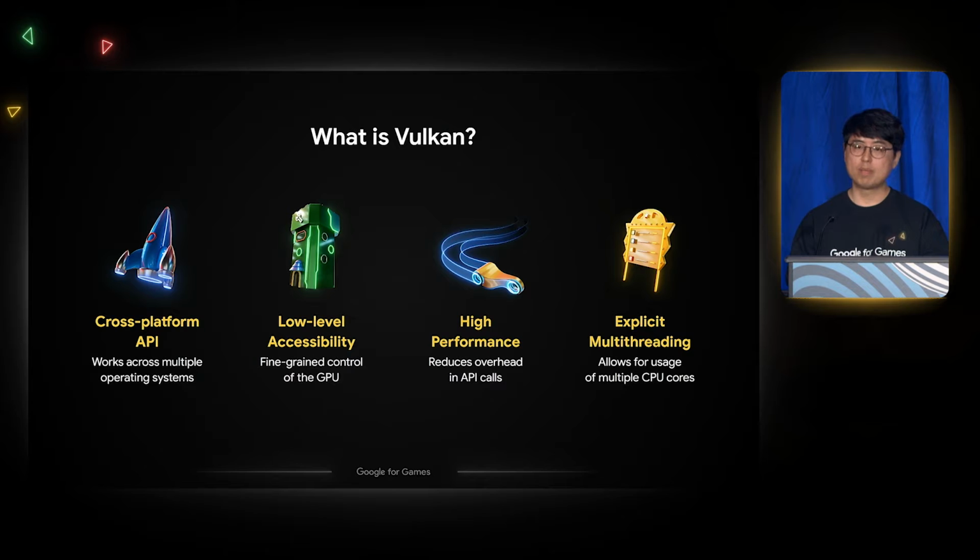Vulkan provides low-level accessibility, giving control over detail and the ability to make more optimizations. It is more efficient than older graphics APIs, so you can have higher draw performance without becoming CPU bound. Lastly, it explicitly supports multi-threading, making it easier to take advantage of multiple CPU cores.